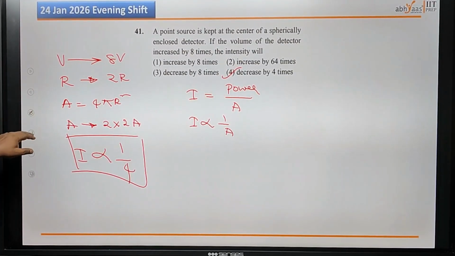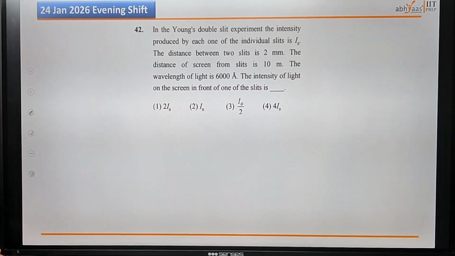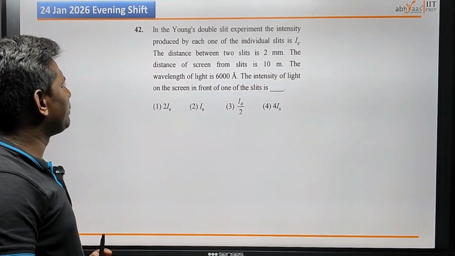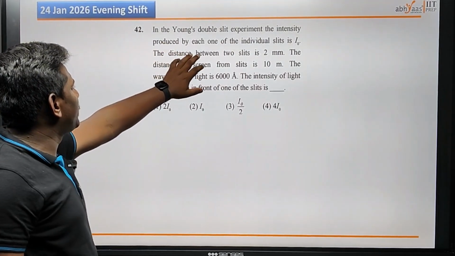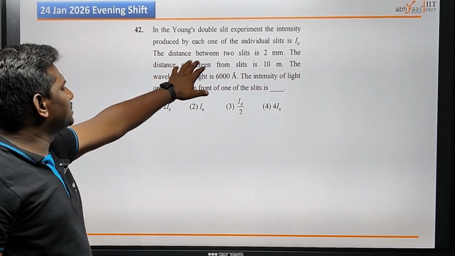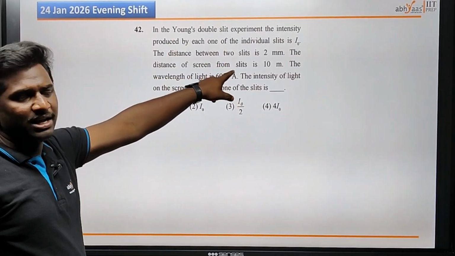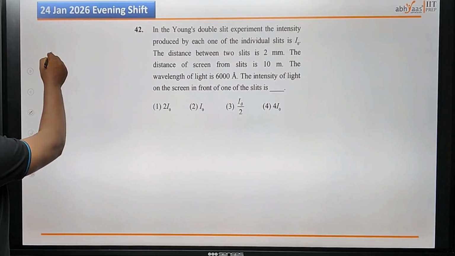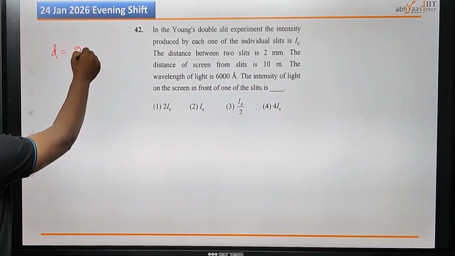So next question, see here. Next question. Question number 42. In Young's double slit experiment, the intensity produced by each one of the individual slits is I naught. The distance between two slits, small d, can be written as 2 millimeters.